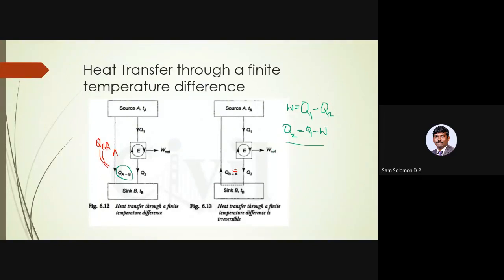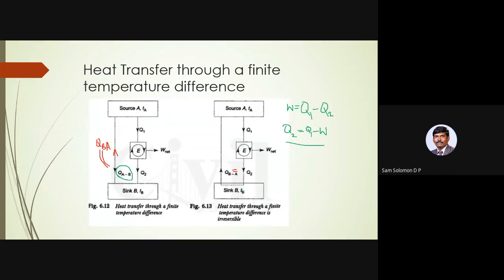Now I'm going to run this engine in such a way that this Q2 is equal to QBA. If I do that, then I will be eliminating this sink.